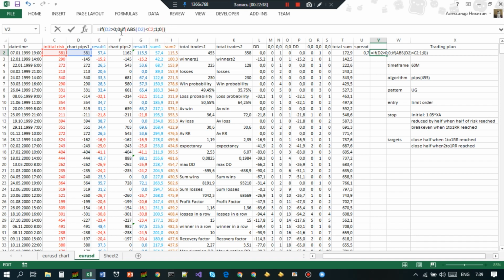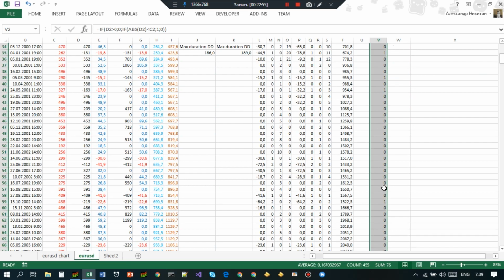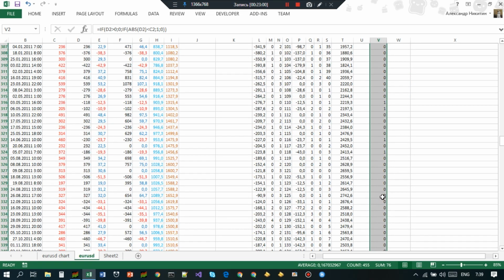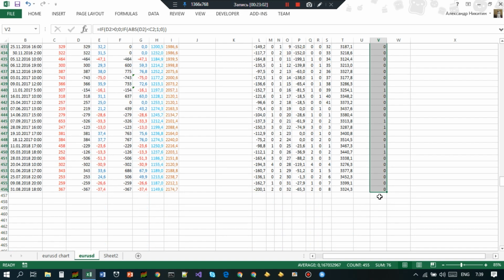So let me check it. If it is more than 0, then skip, type 0. If it is less than 0, then check if it is less. So if it is less, then type 1, and else, if it equals, type 0 once again. So it will only type in zeros and ones. So what I will do, I stretch it to the downside, and you see it fills all these columns with this similar strategy.